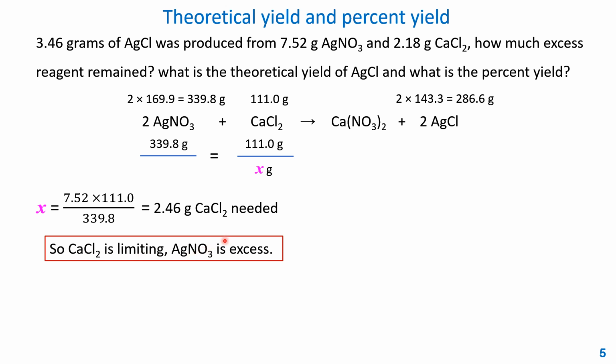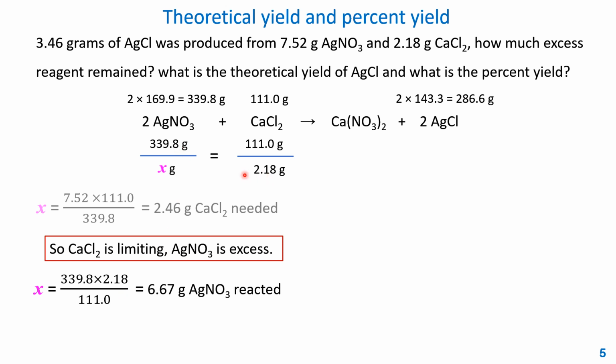So we will use the mass of the calcium chloride, which is limiting, 2.18 grams, and set up the mass of silver nitrate needed as x grams. Now we can solve how many grams of silver nitrate, the excess reagent, are consumed: x equals 339.8 times 2.18 divided by 111.